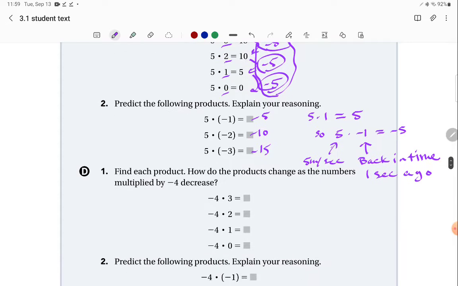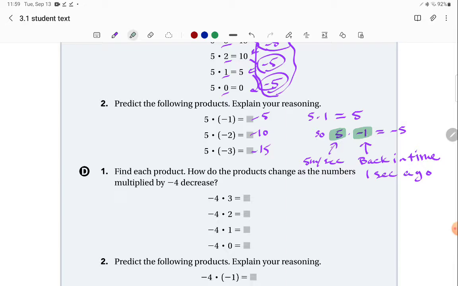And then in 2, predict the following products. Well, think about what we've done, right? So if you know that 5 times 1 is equal to 5, thinking about the problem that we just did, the whole running thing, if we know that this represents meters per second, and the -1 means we're going back in time.